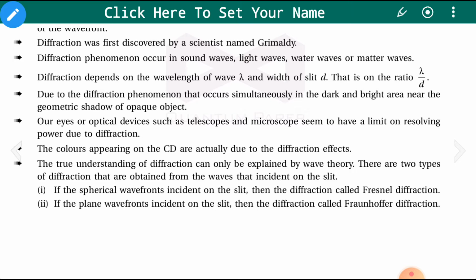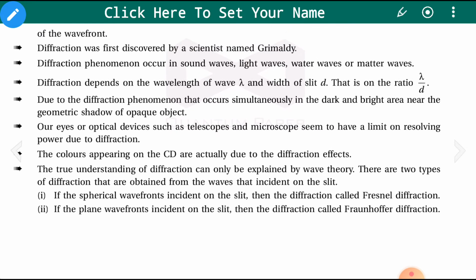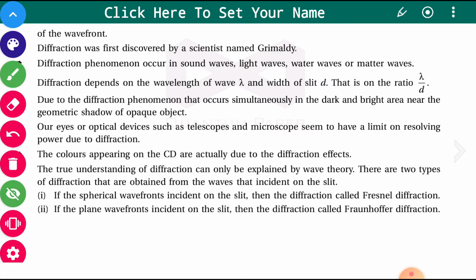Diffraction depends on the wavelength of the wave, lambda, and the width of the slit through which it passes. This is very important.